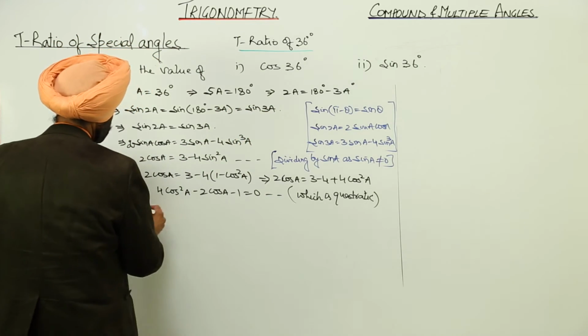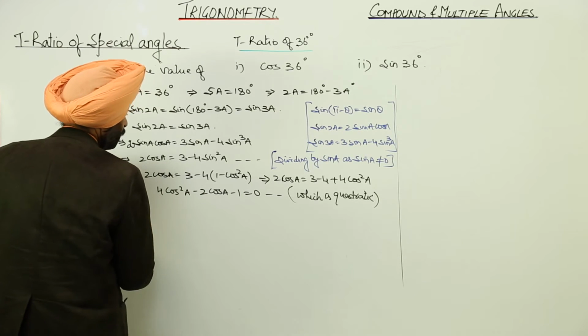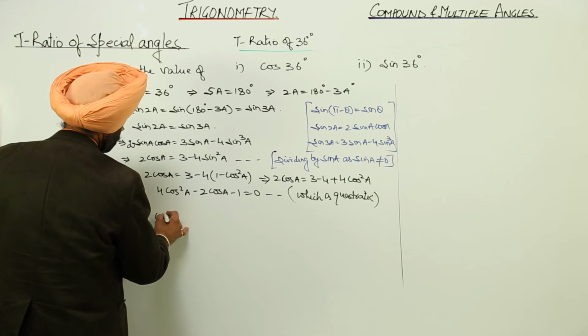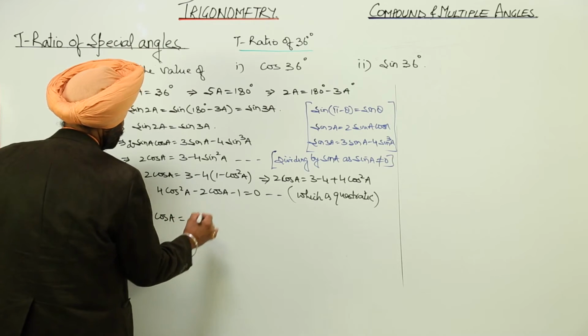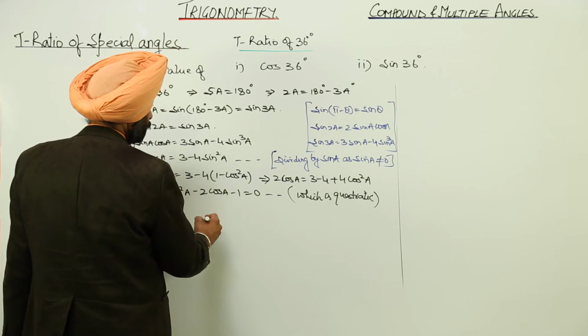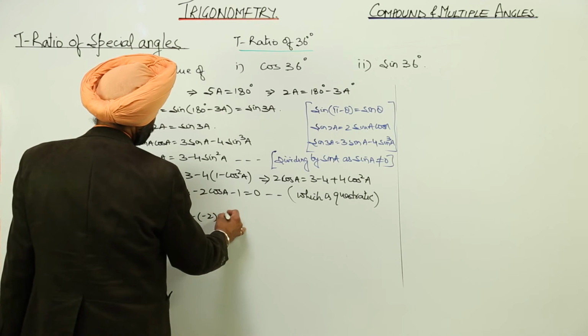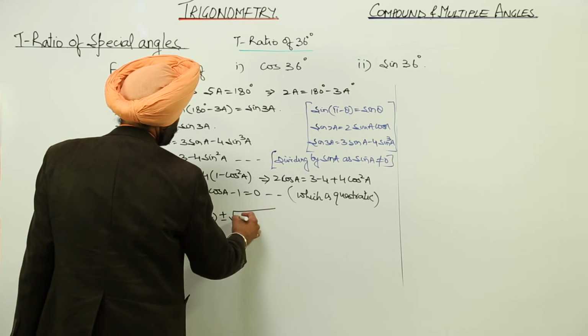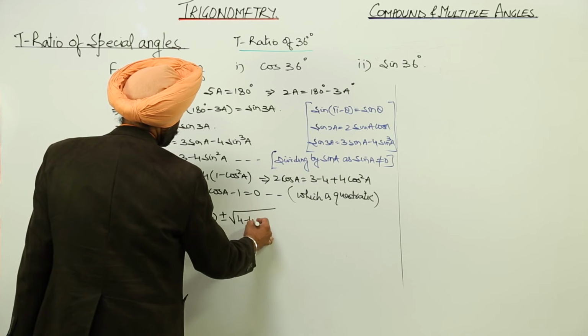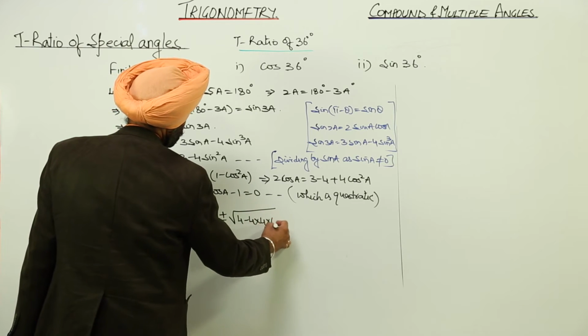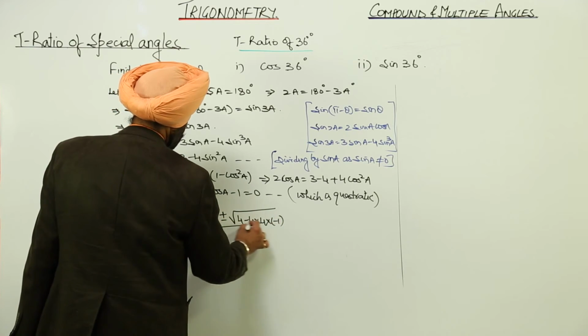Now we have cos A is equal to, using the quadratic formula, negative of 2 plus minus square root of 4 minus 4 into 4 into minus 1, upon 2 into 4.